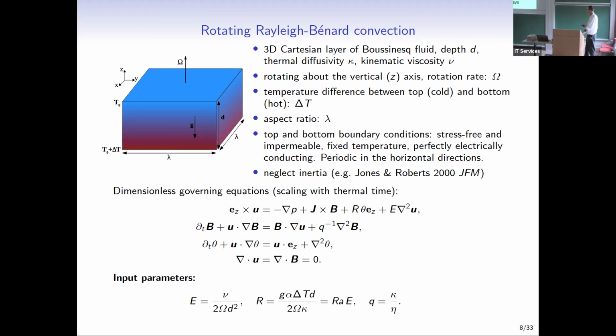It's traditional in these things to work with a modified Rayleigh number where you have the rotation underneath, which is related to the normal Rayleigh number like this, and there's the Roberts number. There's no Prandtl number, okay, in this problem.